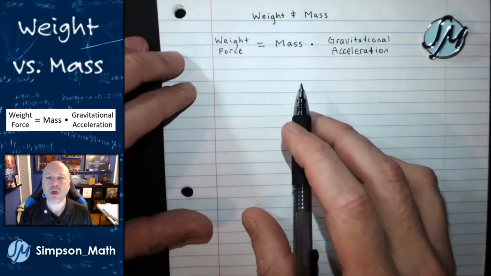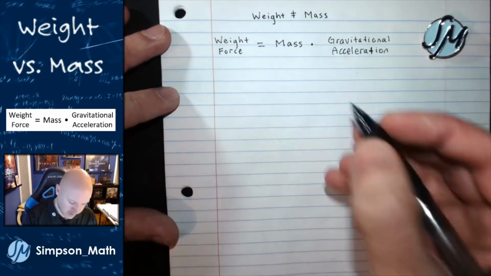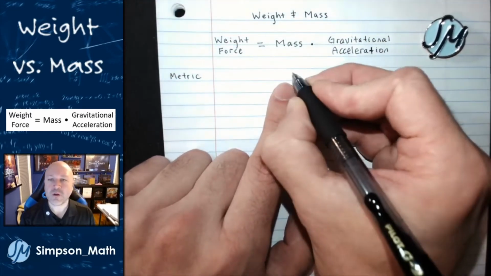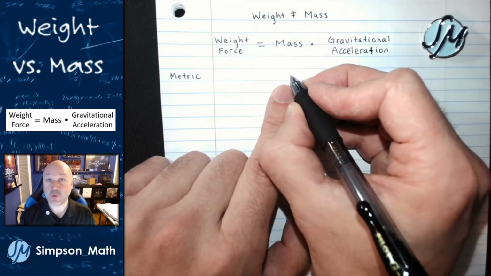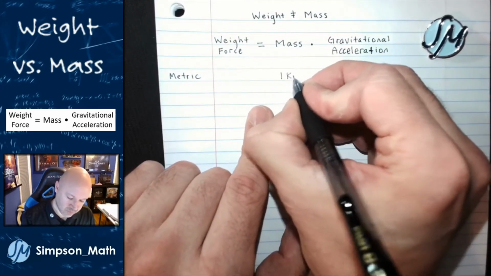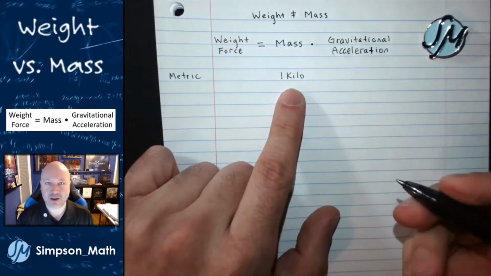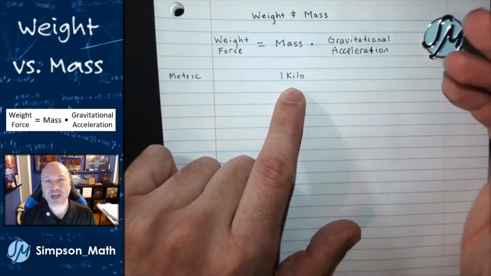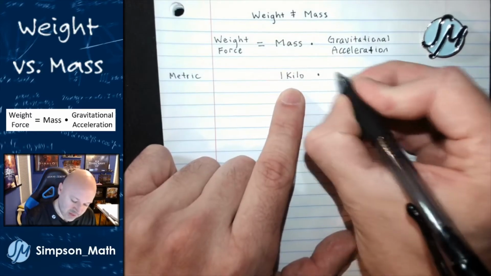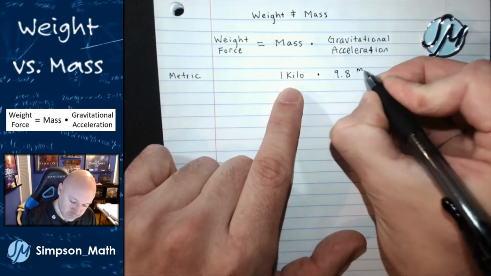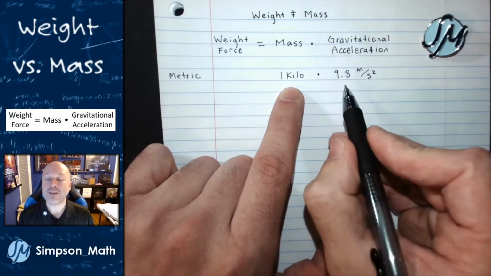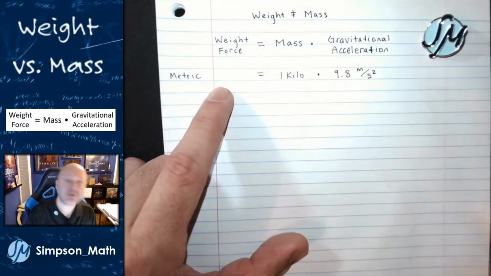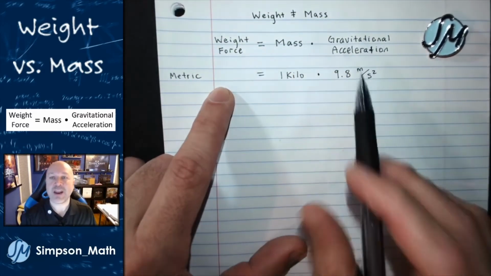All right, let's do a quick example. I'll start off with the metric system. Let's say we weigh an item and it weighs 1 kilogram. Kilogram, but we typically call that a kilo. Well, in the metric system, the gravitational acceleration is about 9.8 meters per second squared. So the weight, that amount of force that we're being pushed down with, is just the multiplication, 9.8.